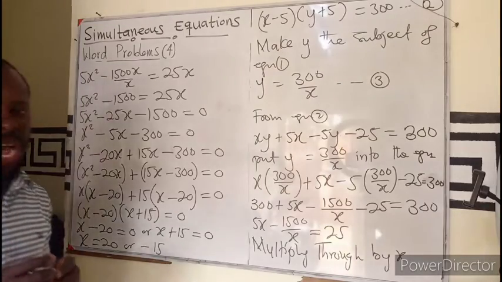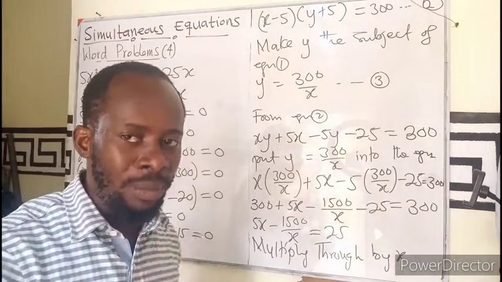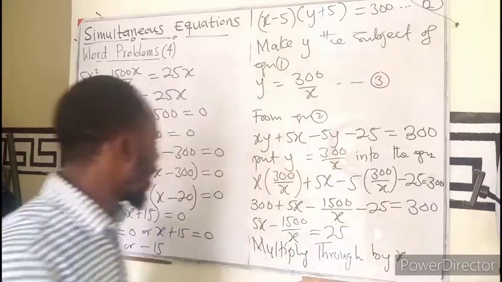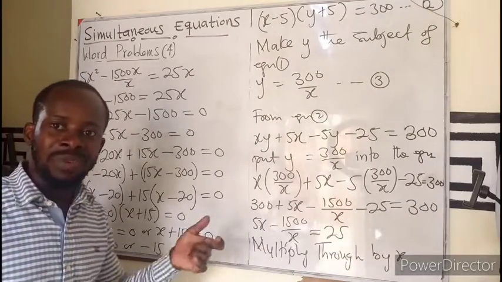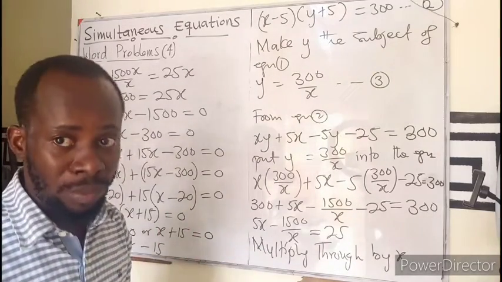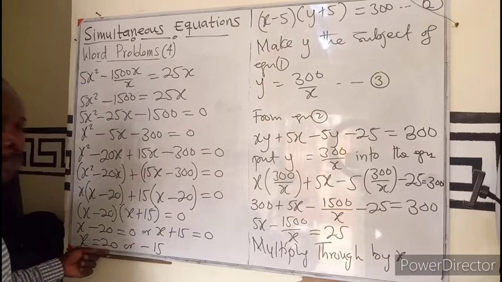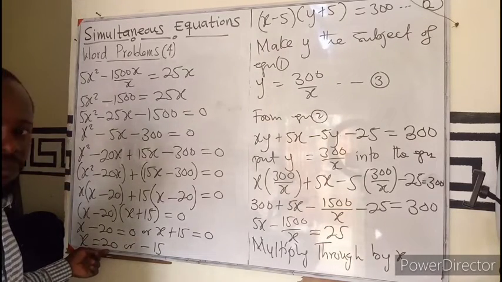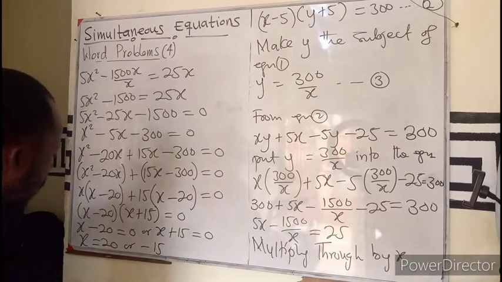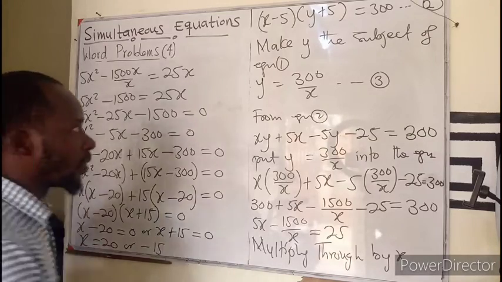What are we asked to find? We are asked to find the original cost of the book, where in this case x is representing the price of a book, which cannot be a negative number. We only have to take the positive. We are not looking for a number of books. It's to find the original cost, and the original cost is going to be 20.